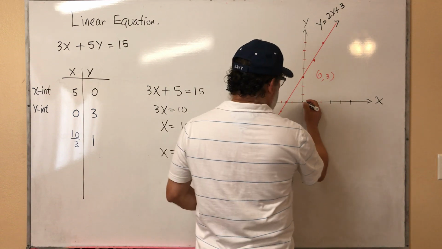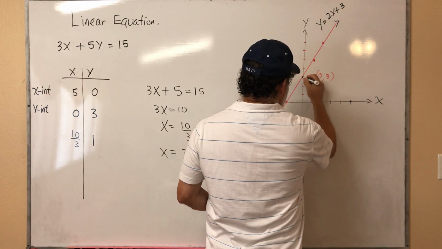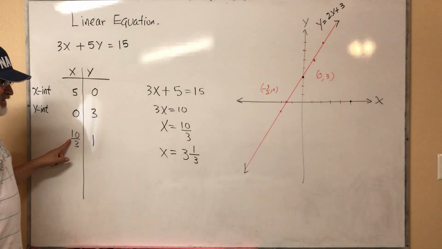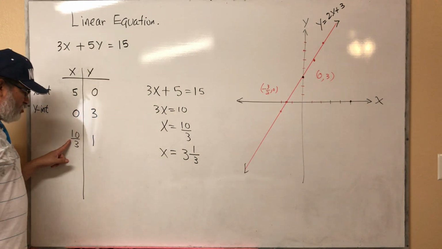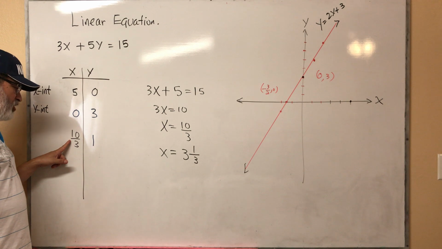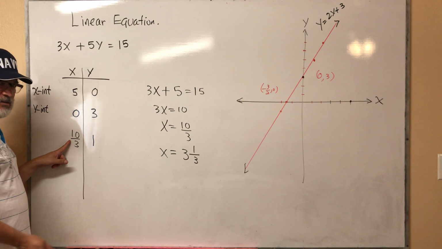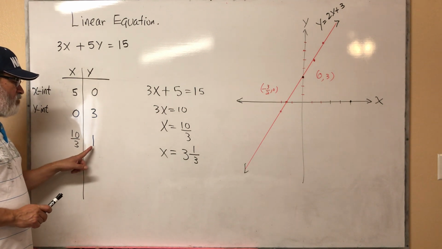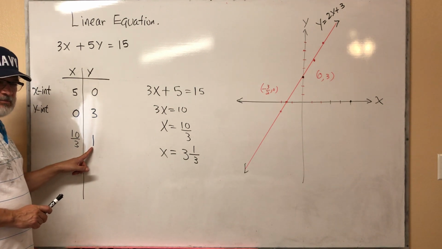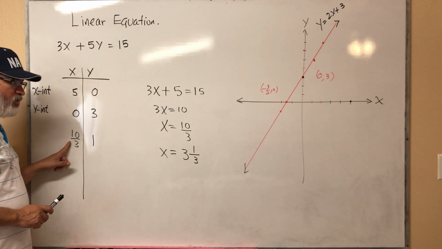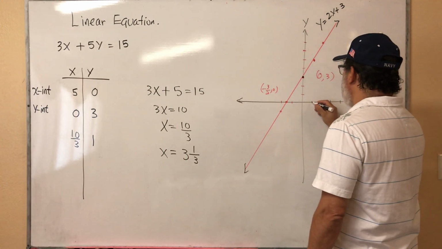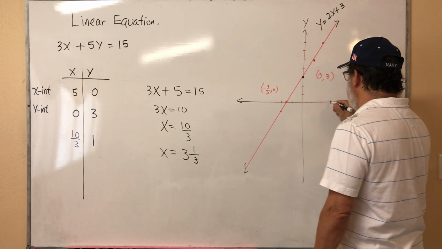Right there. How about this one? This is 3 1/3. So move 3 1/3 to the right because it's positive, starting from the origin, and then move up 1 unit. 1, 2, 3.